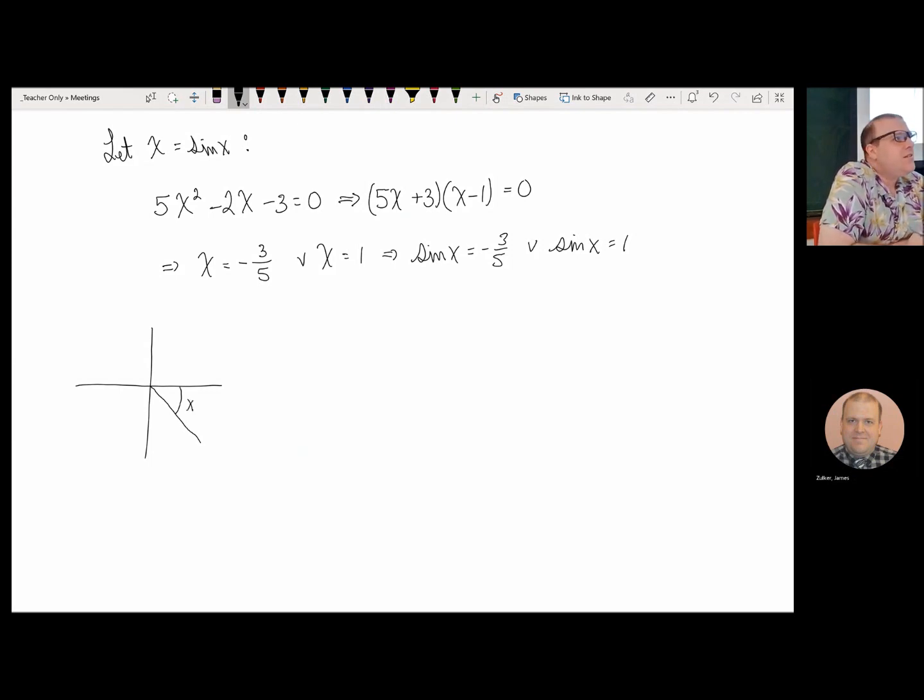That would be x. When I'm looking at negative 3/5, that's the easiest one, so that's the one I'm going to do first. Right? You can't just put inverse sine of negative 3/5, because that does not give you a value between 0 and 2 pi. It gives you something between minus pi over 2 and pi over 2.